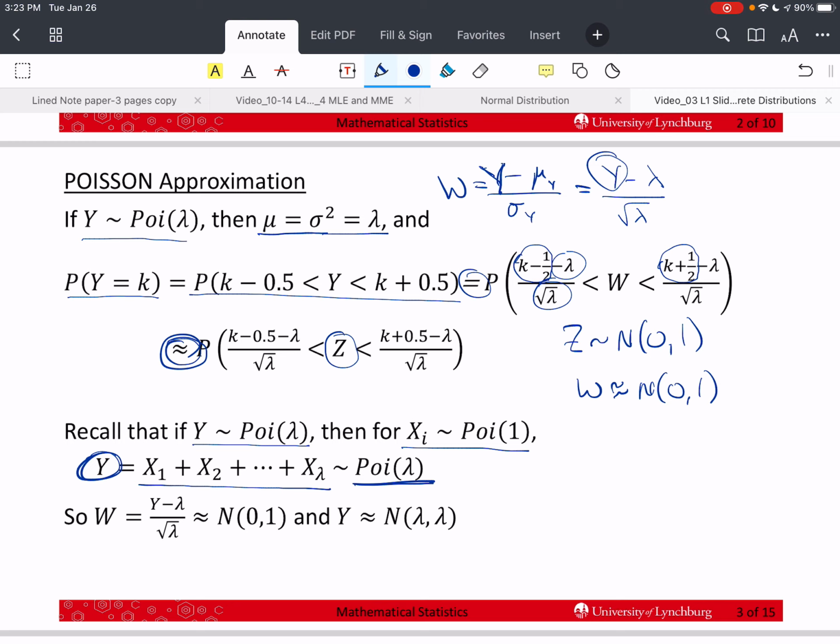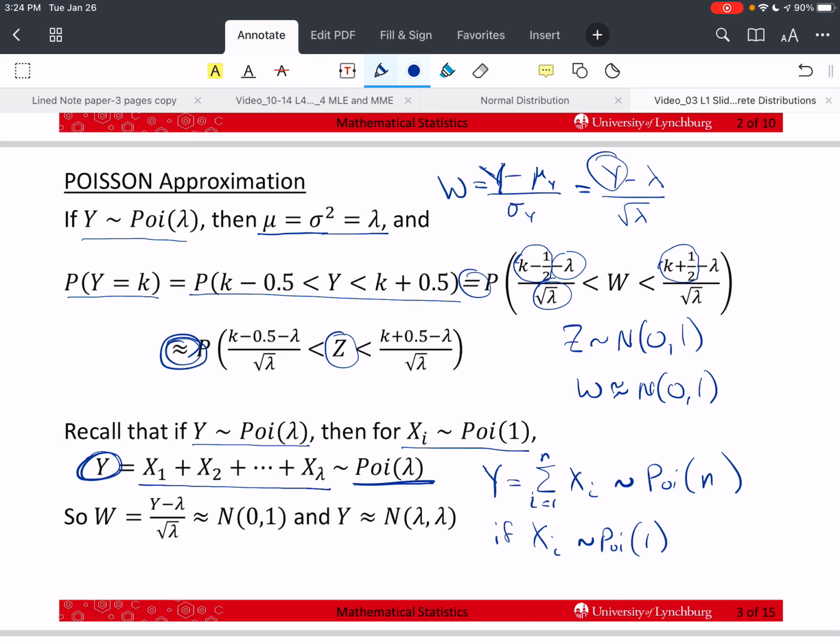So in other words, Y equals the sum of Xi, i equals 1 to n, has a Poisson distribution with parameter n, or lambda equals n, if the Xi are Poisson 1 random variables.